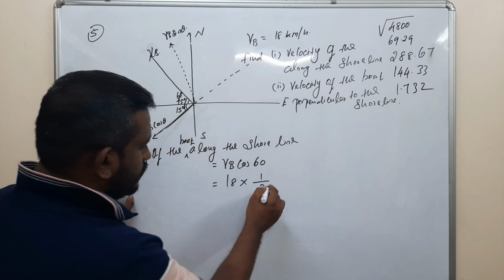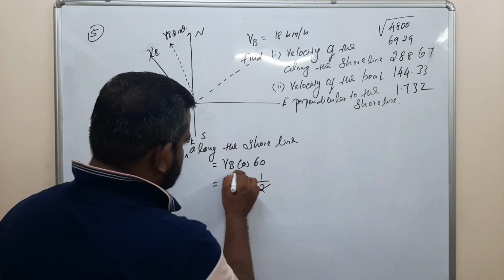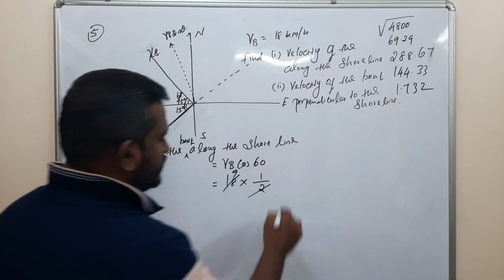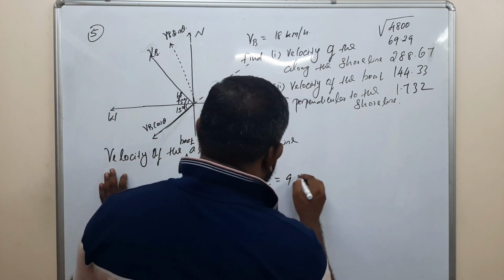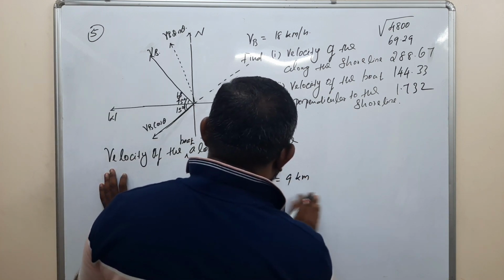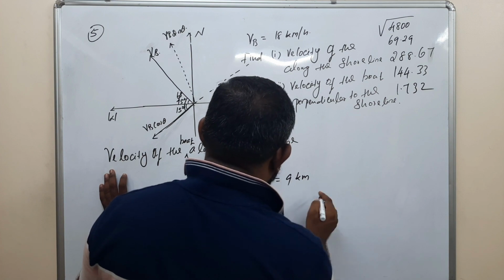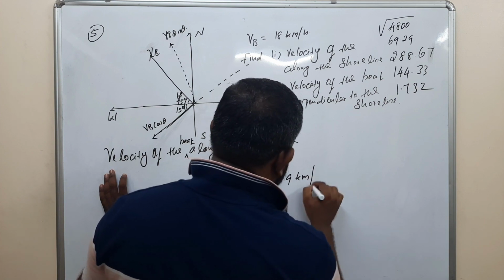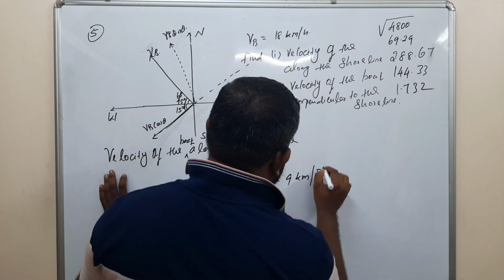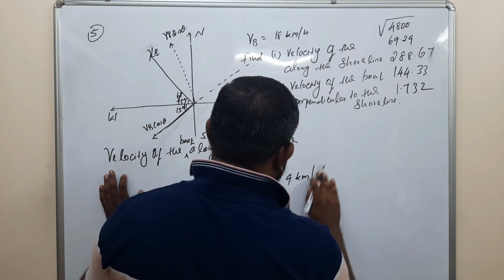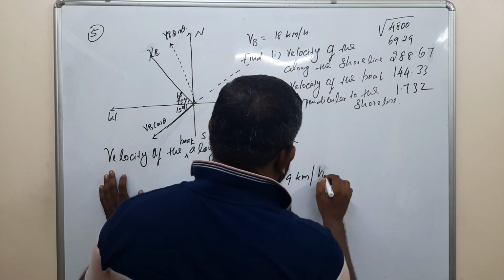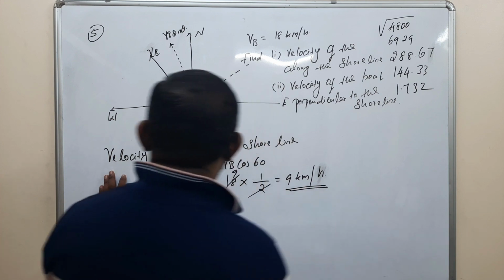Cancel, that is 9. So that's equal to 9 kilometer per hour. 9 kilometer per hour is the answer.